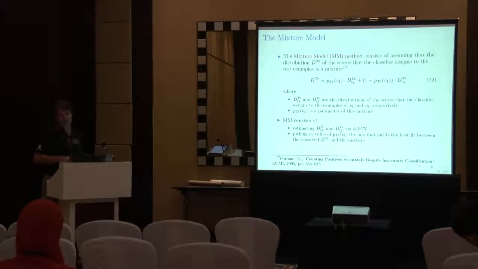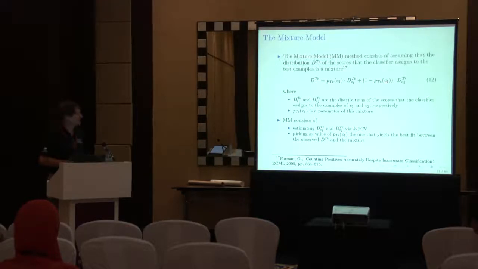It's a reasonable assumption that these two distributions are different, and that the total distribution we observe is a mixture of these two unobserved distributions, with two parameters: the frequency of the positives and the frequency of the negatives.